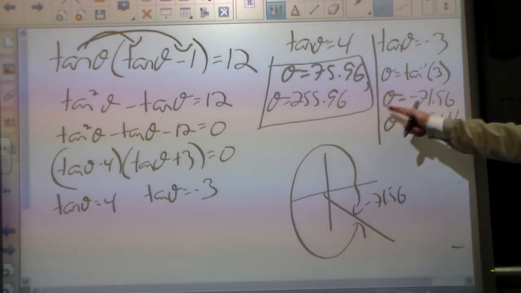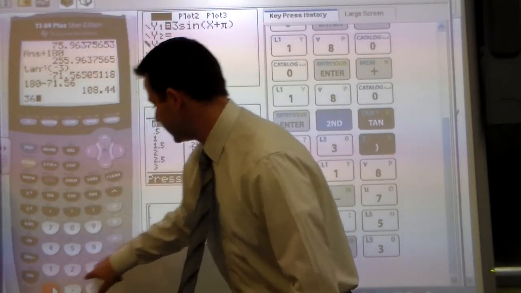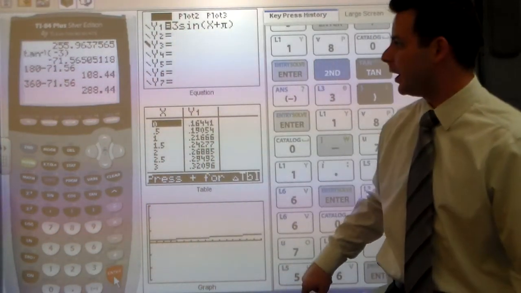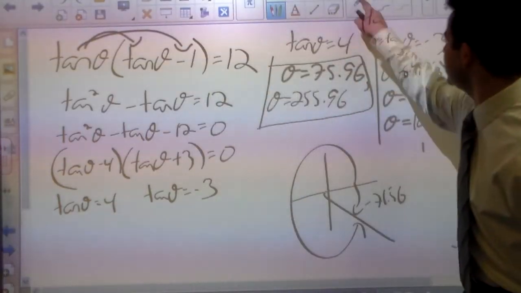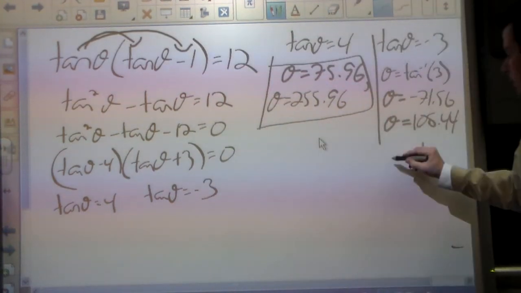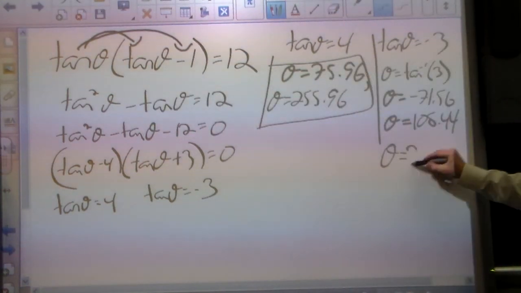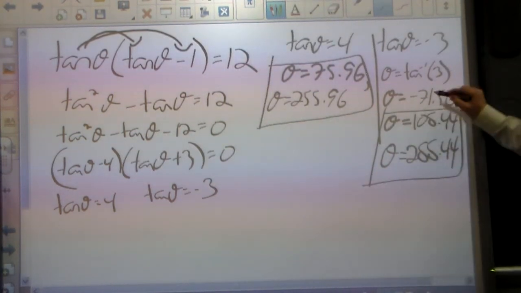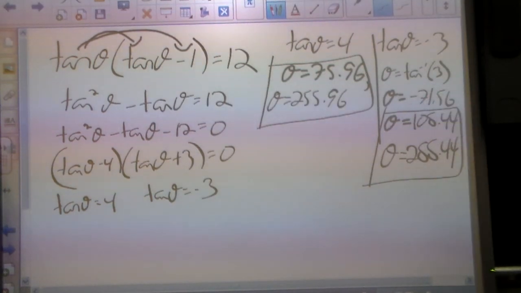And the way I'll do that, 360 minus 71.56, enter, and our coterminal angle is 288.44. Okay, notice this and this are the same angle. I just found a coterminal angle because we don't want to express angles as negative angle rotations.